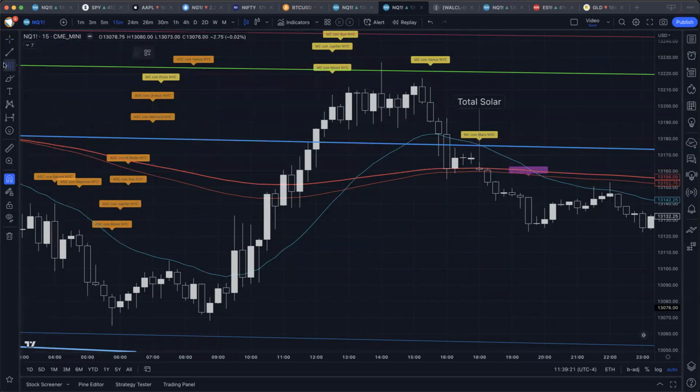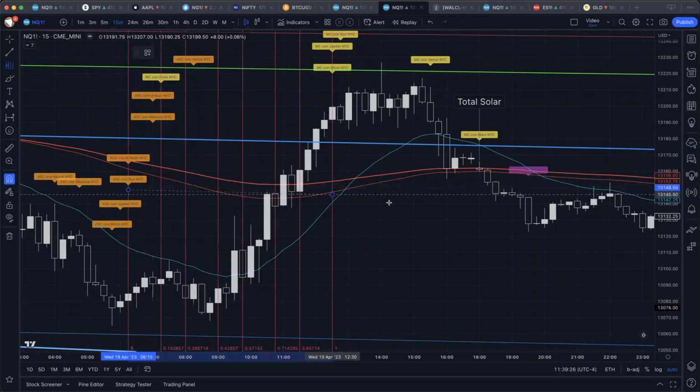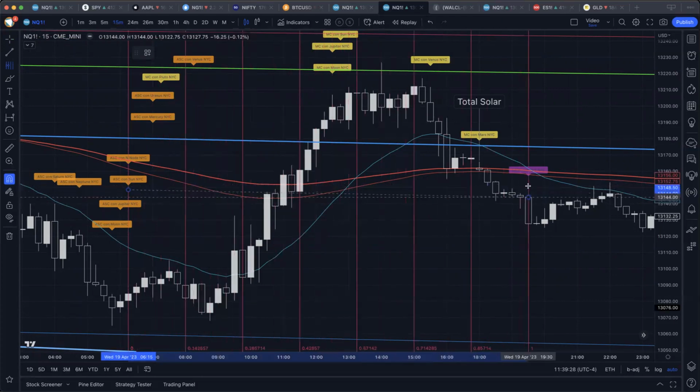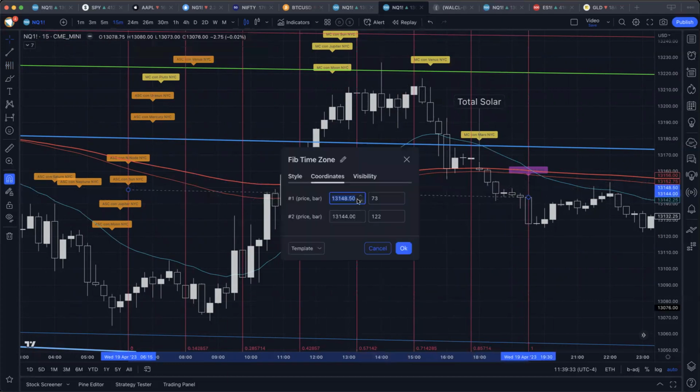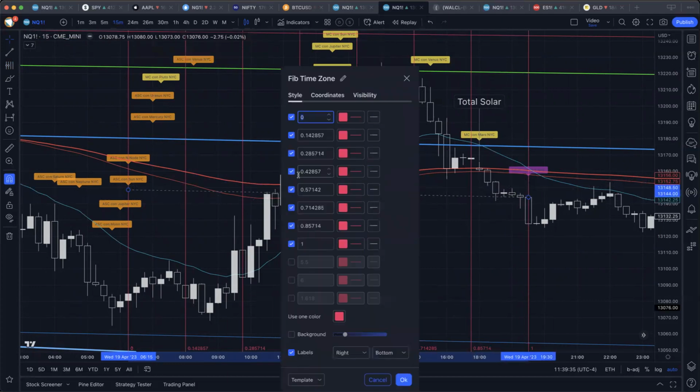We can use our fib time zone, and we can drag it from sunrise over to sunset, and we can use whatever fractions we want to configure here. This is currently set to a heptagram, or a 7-pointed star.